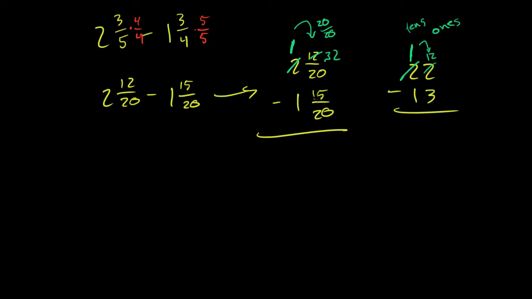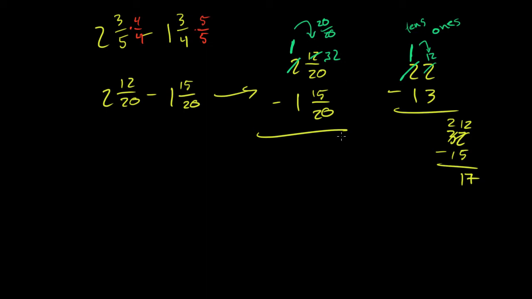Now we're ready to do the subtraction. If I want to subtract 15 20ths from 32 20ths, I'm now ready to do that. There's enough 20ths here for me to do the subtraction. 32 minus 15 is, well, let's see, I guess I'd have to borrow anyway. 12 minus 5 is 7, and 2 minus 1 is 1.